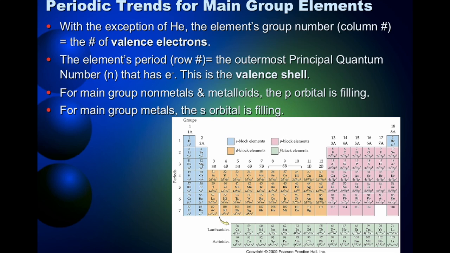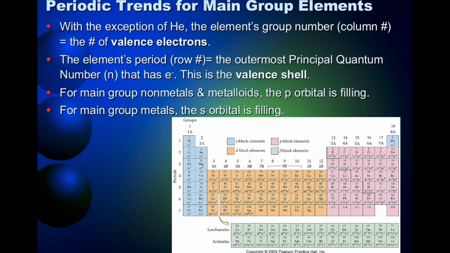But for all of the other elements, the group number indicates the number of valence electrons. Again, this is for main group elements, not the transition metals. So for example, hydrogen is in group 1, it has 1 valence electron. So does lithium, in group 1. Beryllium is in group 2 and has 2 valence electrons. Boron is in group 3A and has 3 valence electrons, and so on.